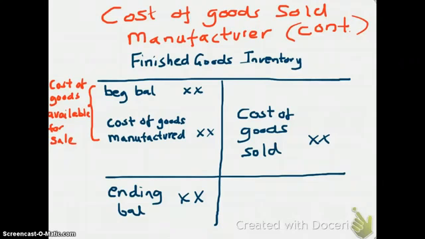Basically, if you had 100 items in your beginning balance inventory and you manufactured 1,000 items this year, you have 1,100 available for sale. And then if we sold 700 items, you would have 400 more remaining in your ending inventory. As you know, cost of goods sold is what appears on the manufacturer's income statement.